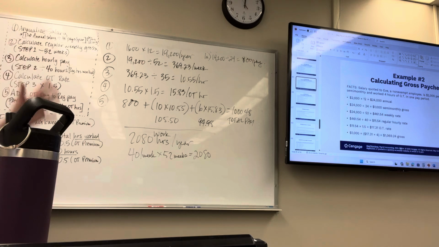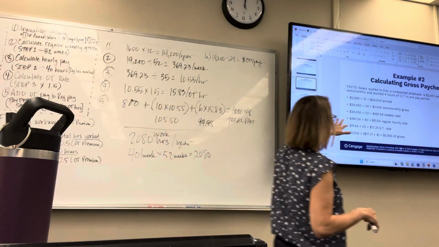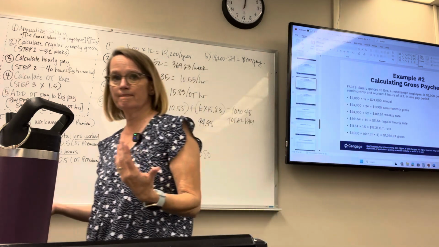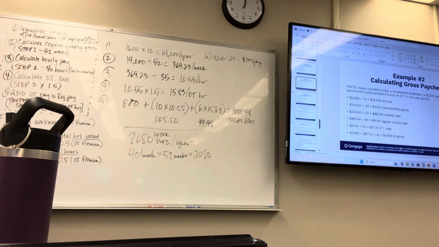But once you're comfortable with doing this, you can skip that weekly rate and get to the regular hourly rate by just dividing by 2,080. But be careful, because if they don't actually work 40 hours in a week, you're going to get the wrong amount, right? So it's just one of those little things. And when you work enough in payroll, when you've become familiar with it, that's kind of automatic. The 2,080 number just becomes automatic.